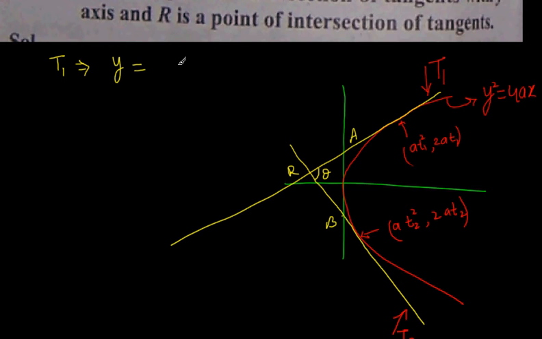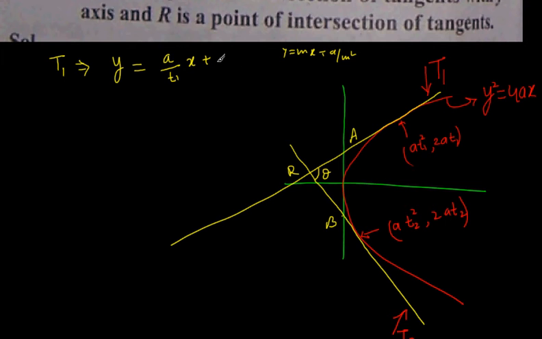In general, for y square equal to 4ax, y is equal to mx plus a by m. Then you will have y equal to x by t1 plus some constant that I need to find out.